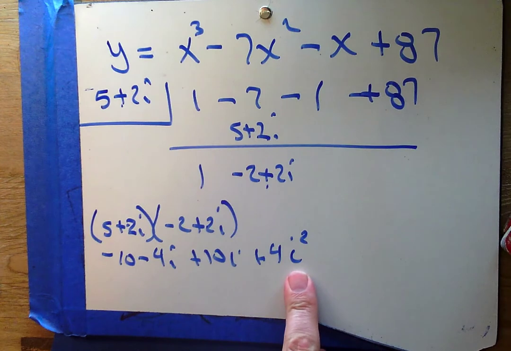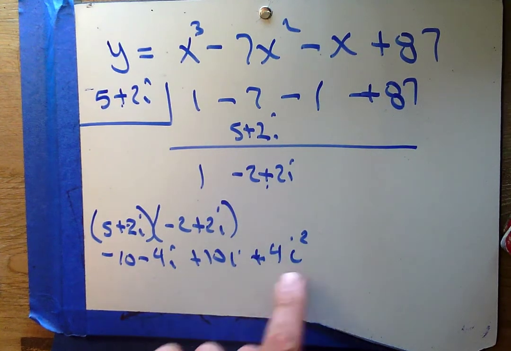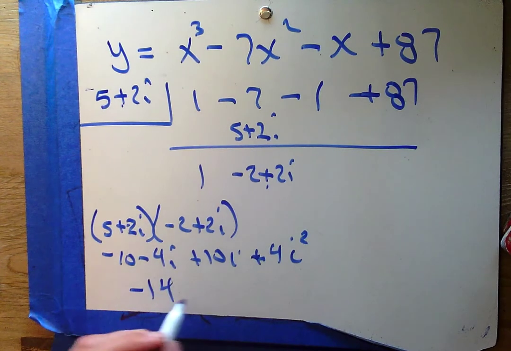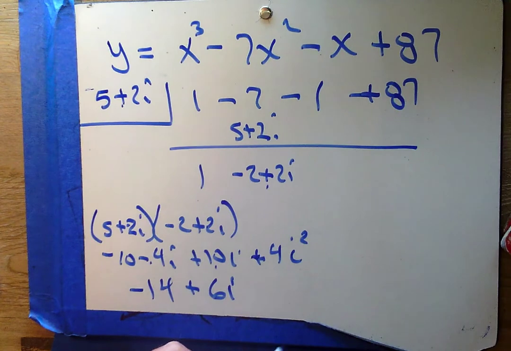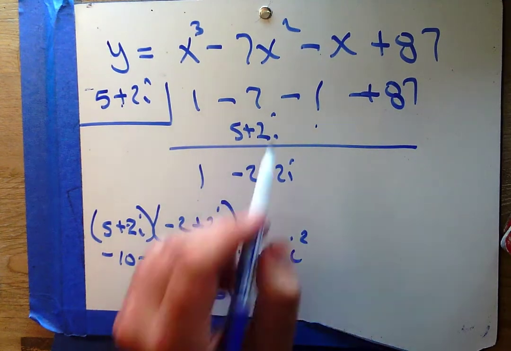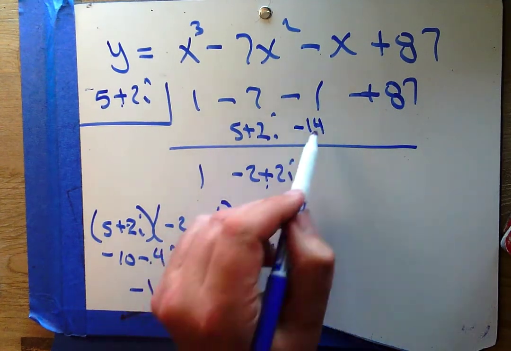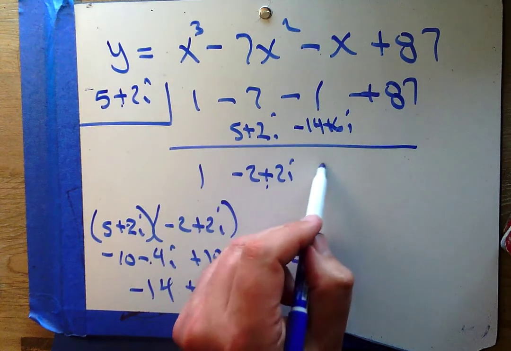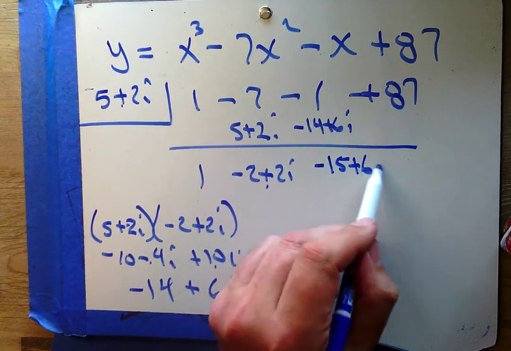Remember, I squared is negative 1, so this is going to be negative 1 times 4, which is negative 4, minus 10, I get negative 14, and then minus 4i plus 10i will be 6i. So over here, I'm going to write negative 14 plus 6i. I add these together. That gives me negative 15 plus 6i.